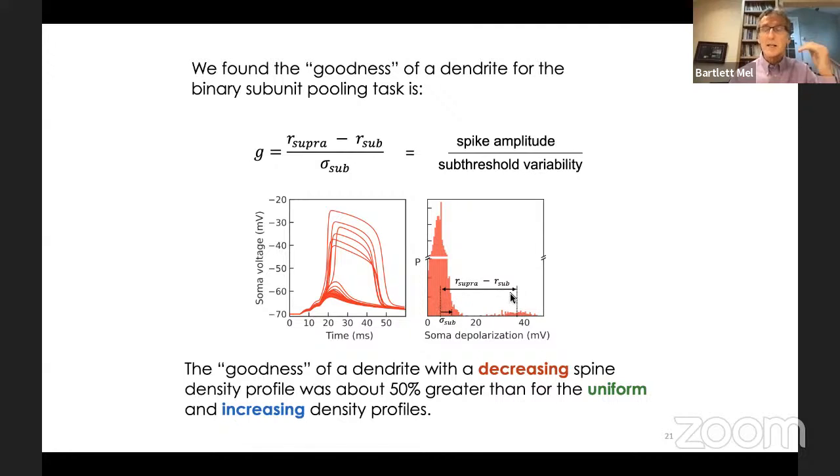That distance is good to have, and you can call that the spike amplitude. And then the other thing that matters is, interestingly, the distribution of the subthreshold responses. You do not want a lot of variability in the subthreshold range when the dendrite is not firing.